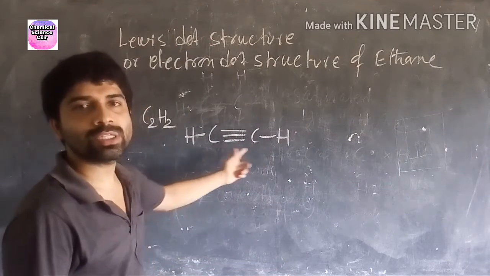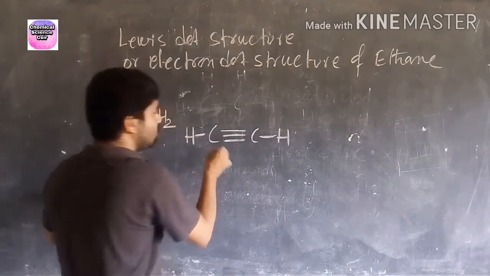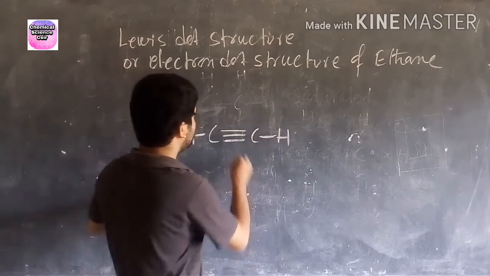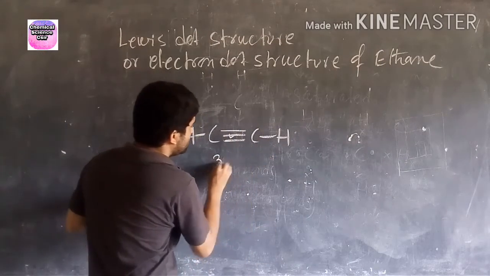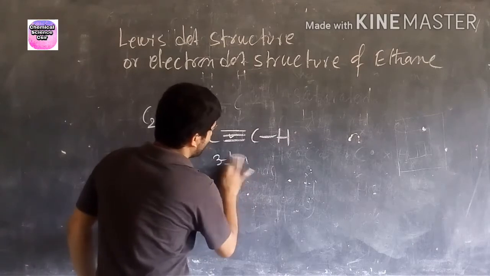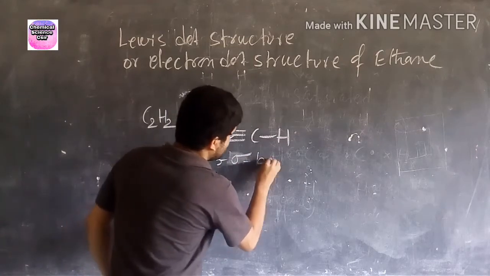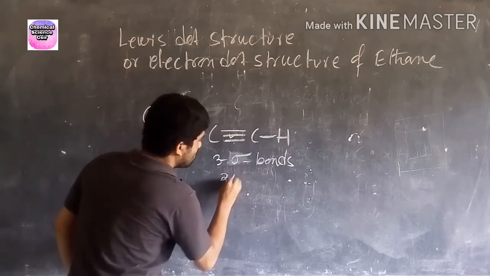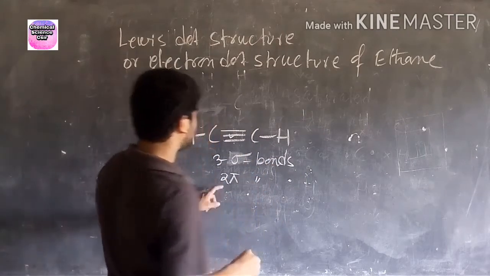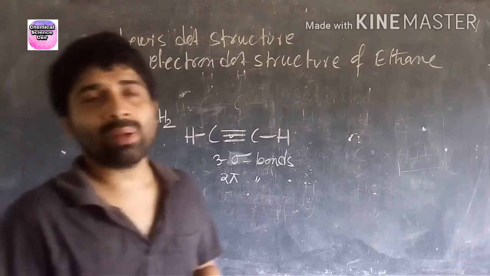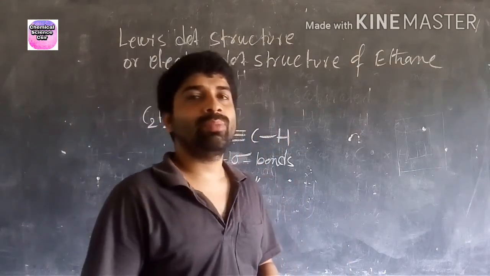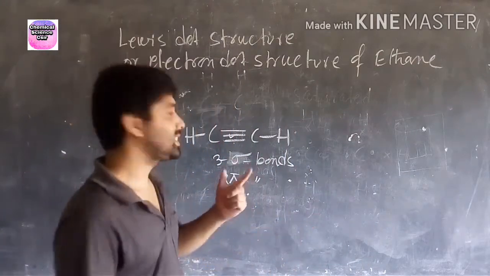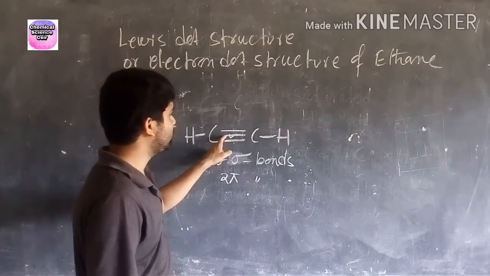A single bond is always a sigma bond. So 1, 2, 3: 3 sigma bonds and 2 pi bonds. In a carbon-carbon triple bond there are 2 pi bonds and 1 sigma bond.